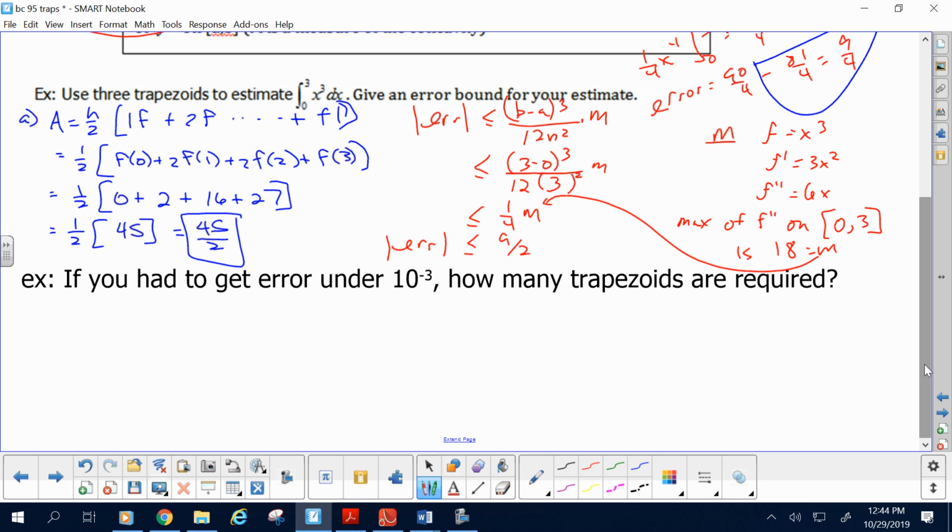So we need, what are we looking for then? If I want to figure out how many trapezoids, I need to find n. I need to find n so that my error is less than 10 to the negative third, or 1,000th. How many trapezoids do I need to get that precise?